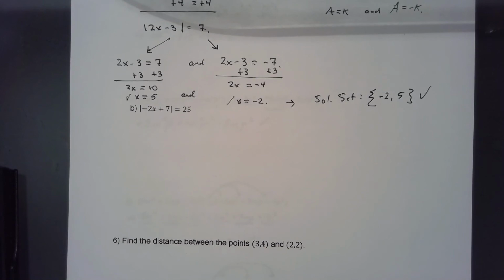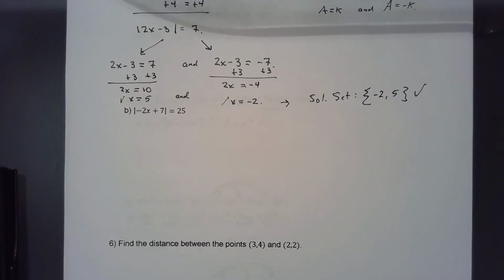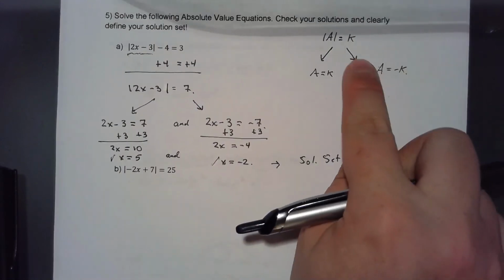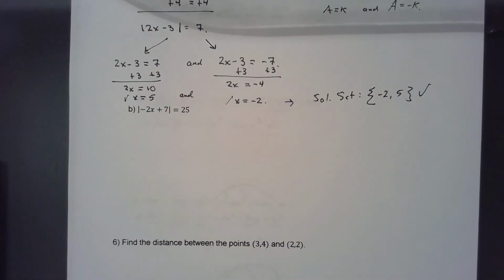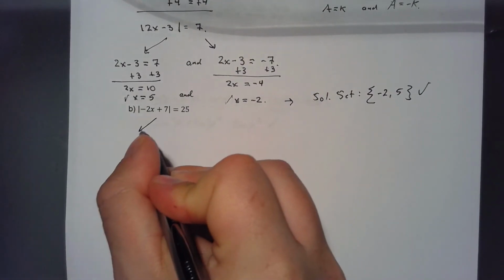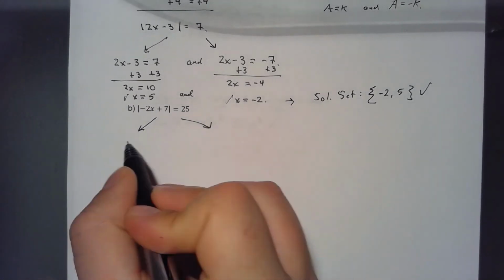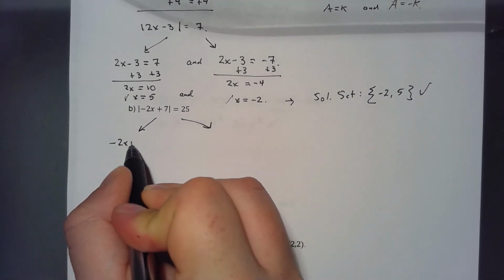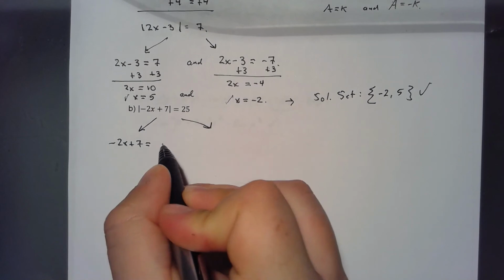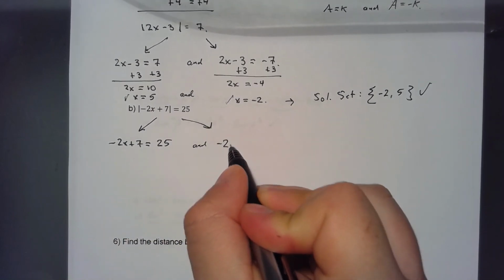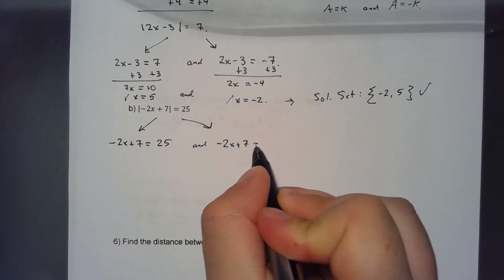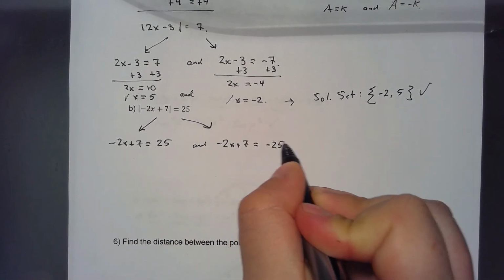Letter B. So since I have the desired form, I could just do this right off the bat. So I could just do this and get -2x plus 7 equals 25, and -2x plus 7 equals -25.